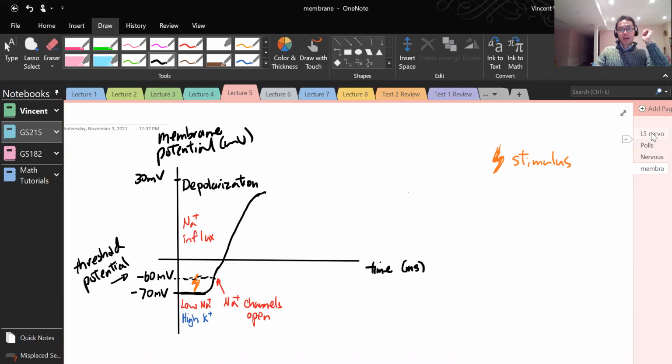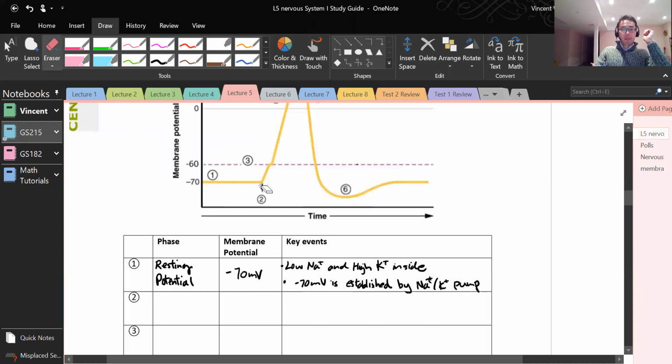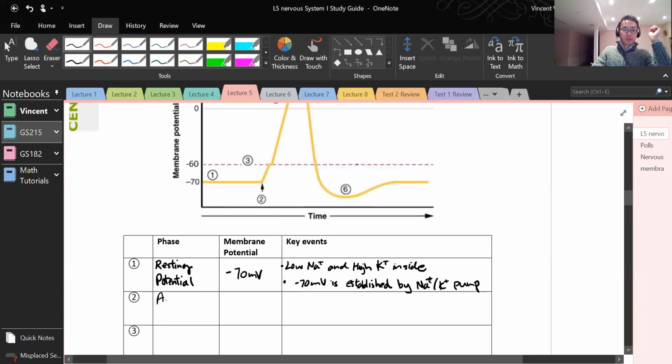So let's go back to our study guide here. What's happening at number 2? At number 2, we have a stimulus arriving. So arrival of stimulus, a trigger.